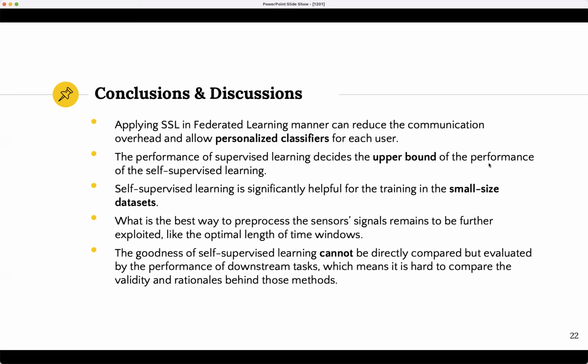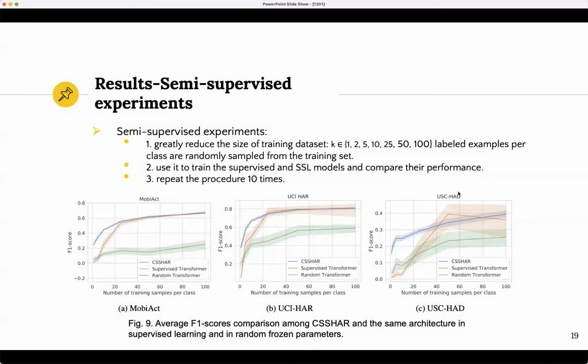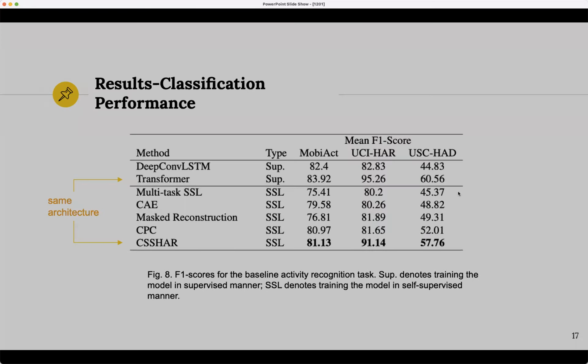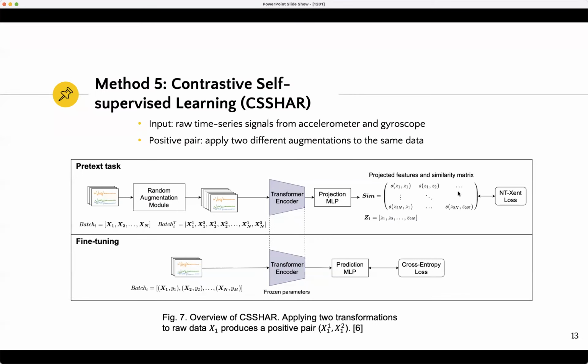So you can see from my previous slides, for each method, I don't mention the disadvantages of previous methods and the reasonable rationales behind each method.